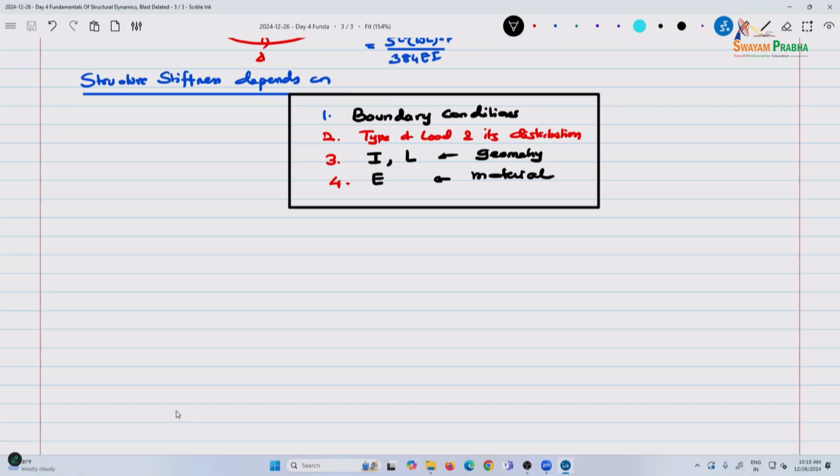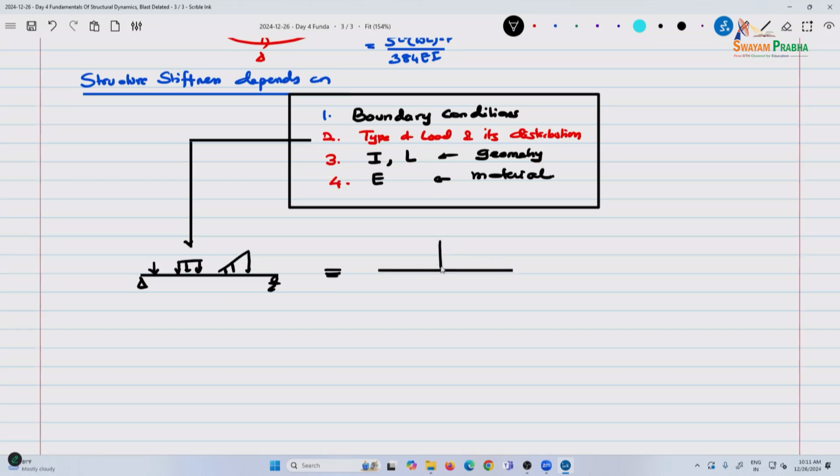Somebody mentioned the type of load and load distribution. With regard to that, whatever type of loading you have, you need to bring it down to an equivalent load. Now you might ask me, should I bring it down to a distributed load or a point load?